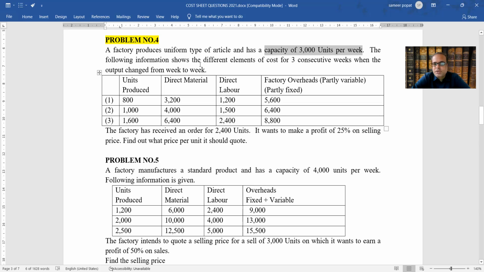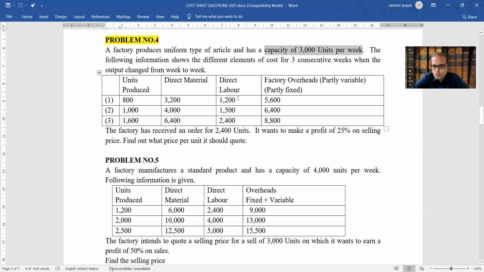The following information shows the different elements of cost for 3 consecutive weeks when the output changed from week to week. So they were given details about 3 different weeks. In week number 1, factory produced 800 units. Direct material was 3,200 for 800 units.